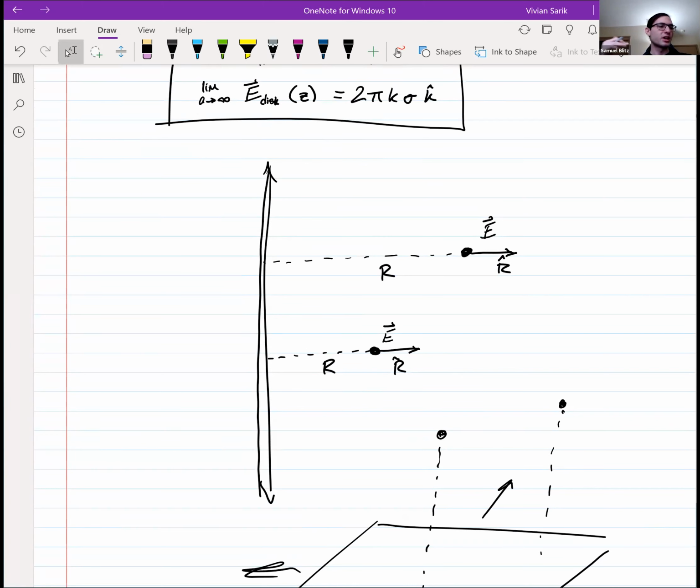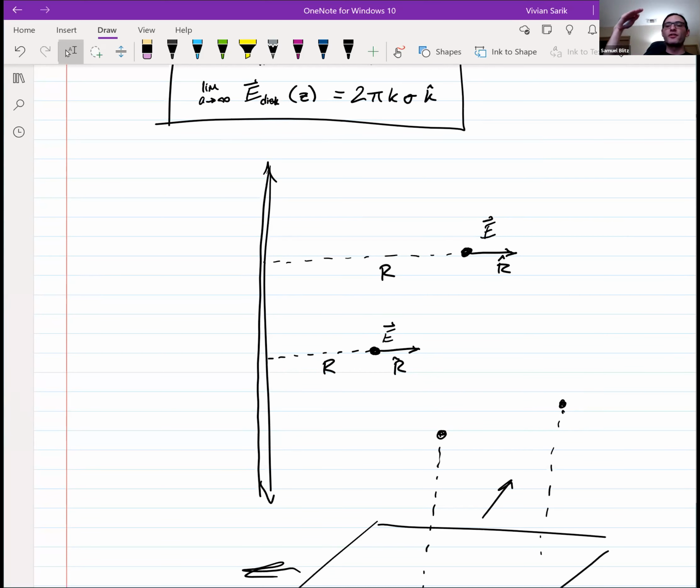The reason is that if you're very, very close to the plane, the contributions from the points close to you give a lot of effect, but the contribution from the points further away gets small very quickly. So when they all add up, you get one value.